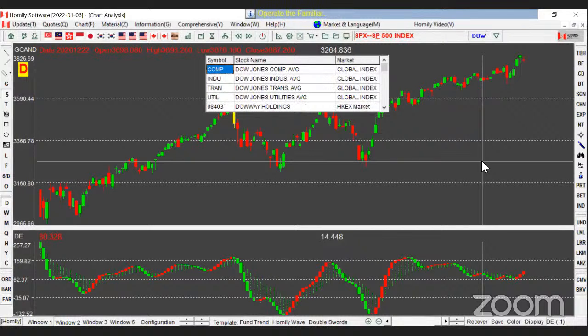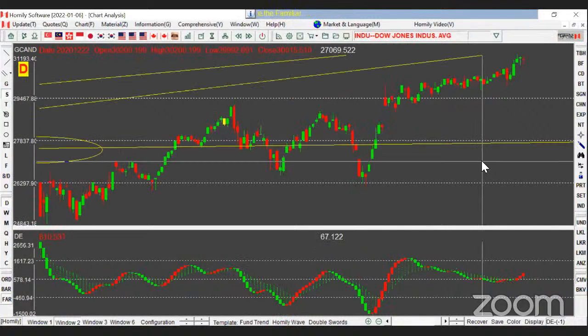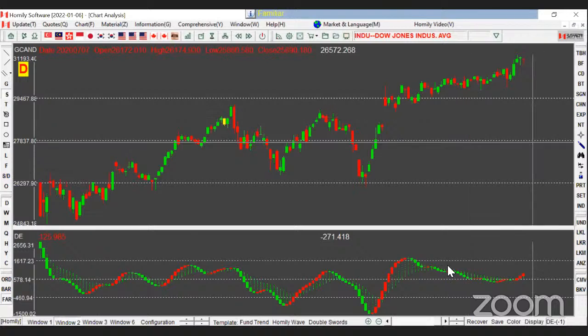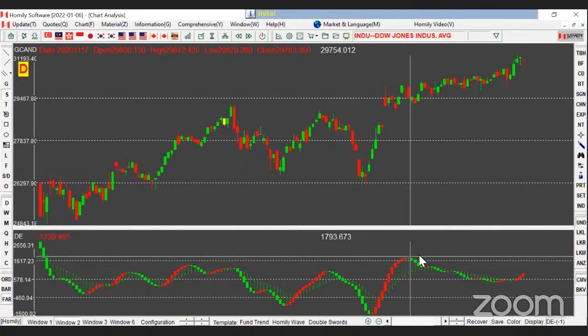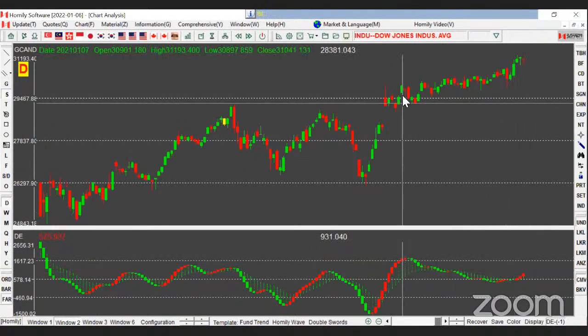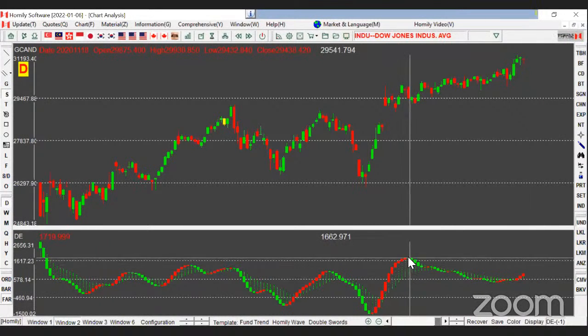Then for Dow Jones. Dow Jones also now has a potential bearish divergence, but not yet completed. If we check the three indexes, Nasdaq is, let's say, the most obvious one to show us the bearish divergence, right?